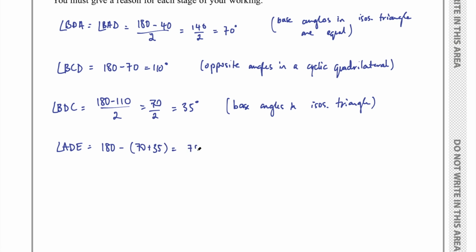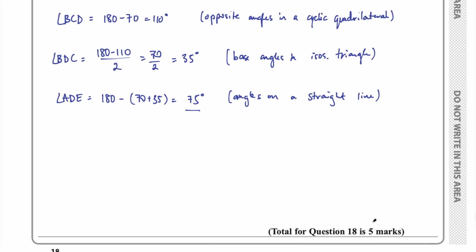That's going to be 75 degrees. So this is angles on a straight line. Okay, so final answer is 75 degrees. And that was question 18 for 5 marks.